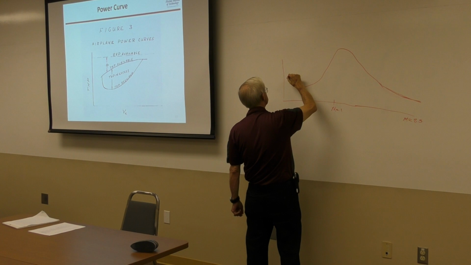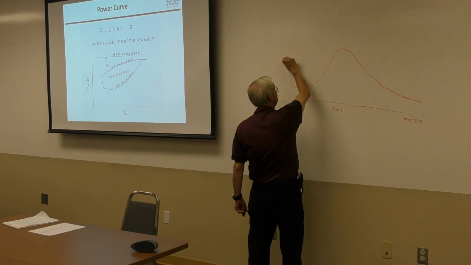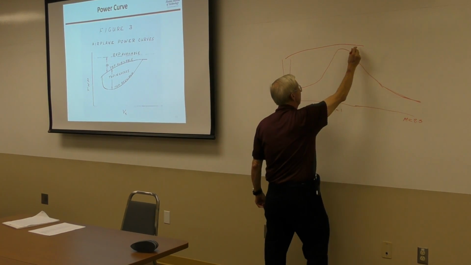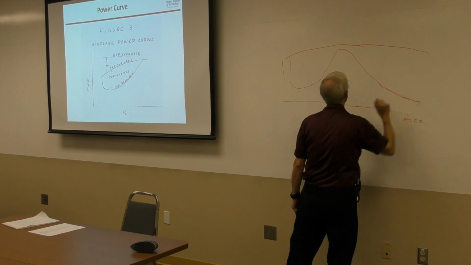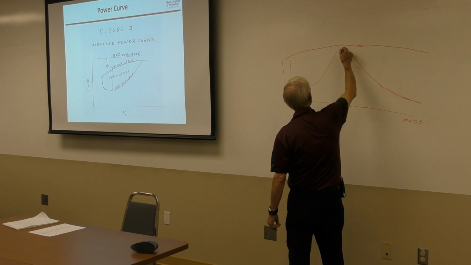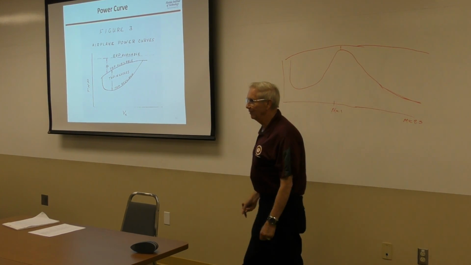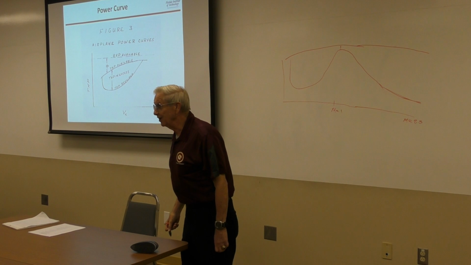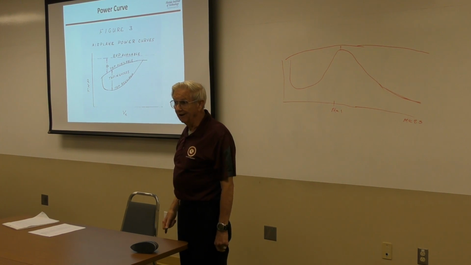And of course, let's say this is our thrust available. Well, you can see out here, right here at Mach 1, we don't have much either acceleration or rate of climb.